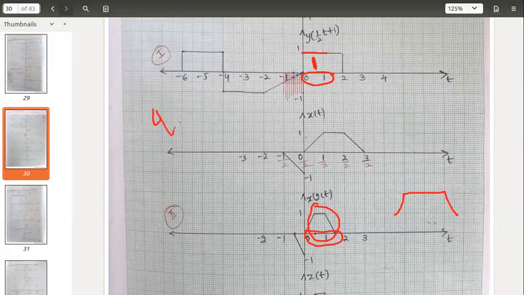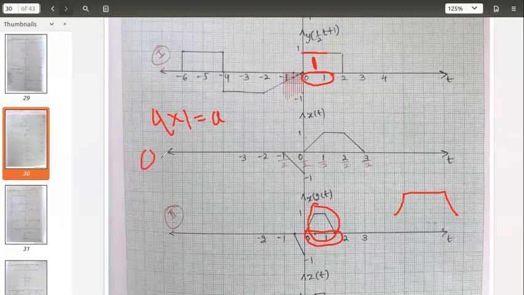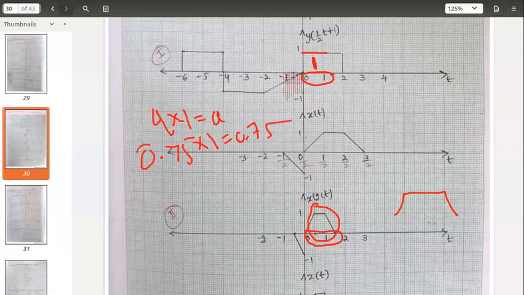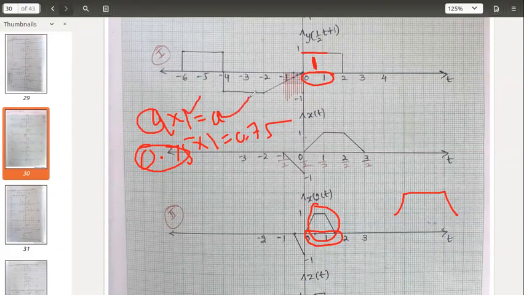So what is A multiplied by 1? It is A only. If you take say 0.75, 0.75 into 1, what you will get? 0.75 only. So whatever value you are taking multiplied by 1, you will get the same value.